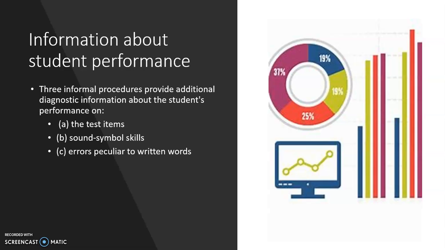When it comes to information about student performance, 3 informal procedures provide additional diagnostic information about the student's performance on the test items, sound symbol skills, and errors peculiar to written words. Information from these analyses will enhance the examiner's interpretation of the child's test performance and help formulate a literacy intervention plan.